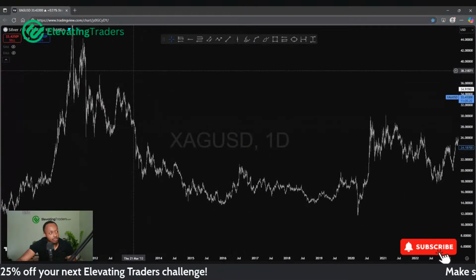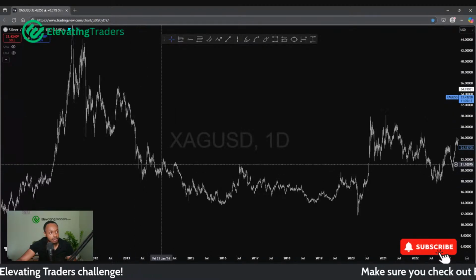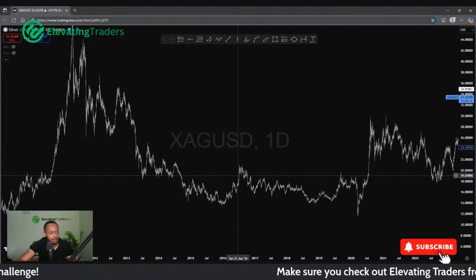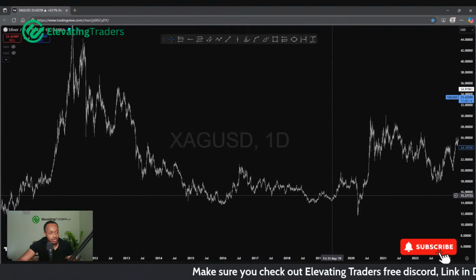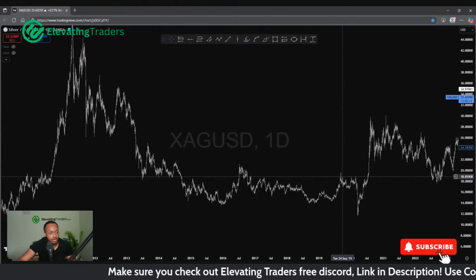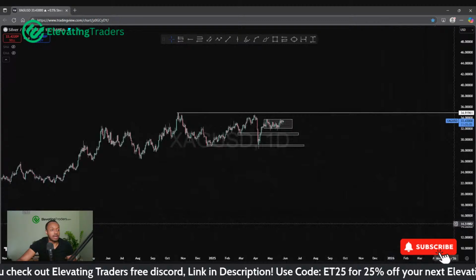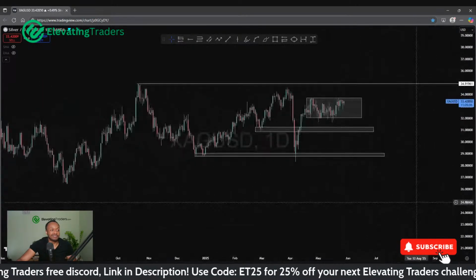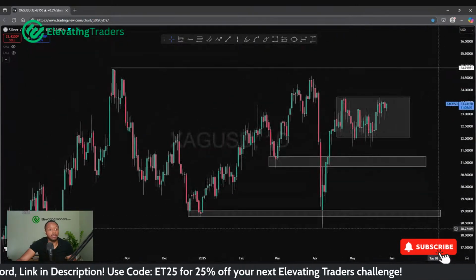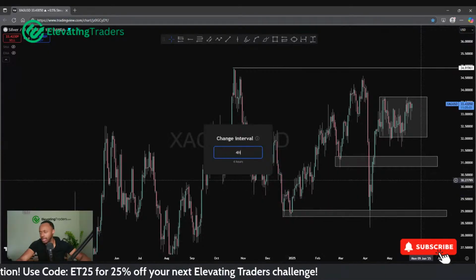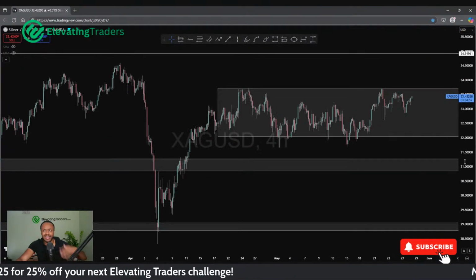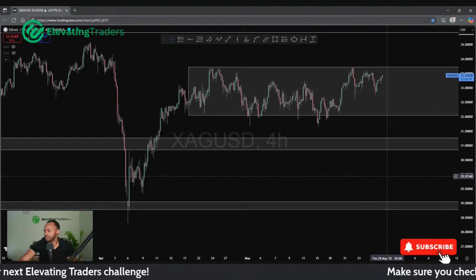It does consolidate for a while, then it has a breakout, consolidate, breakout, consolidate, and so on. Big consolidation, breakout, another consolidation. Well, I assume another breakout. So yeah, maybe we could see them both kind of start to rally. But I would say platinum looks by far the clearer price action.